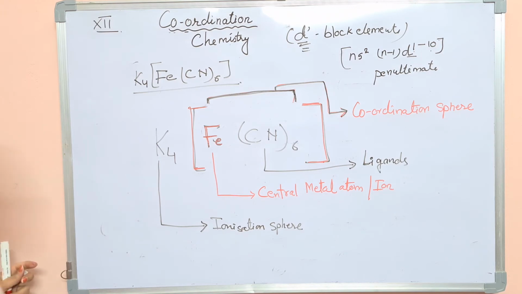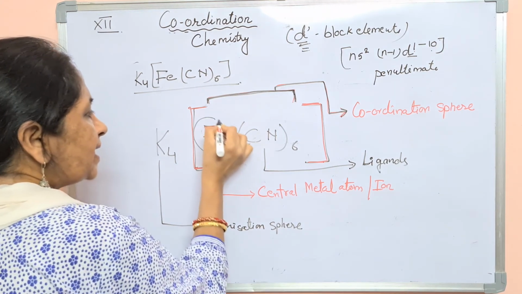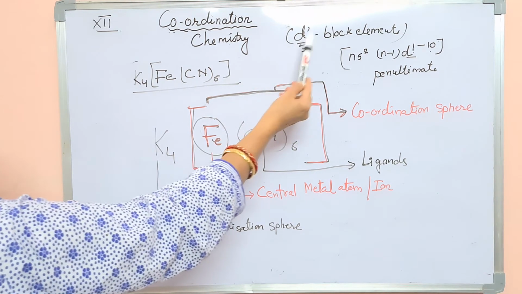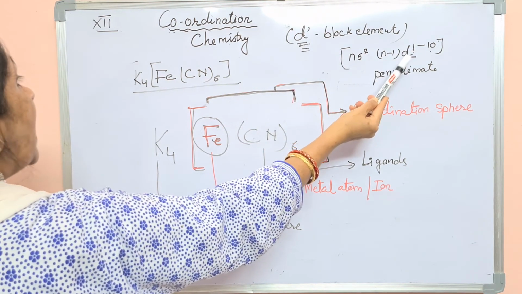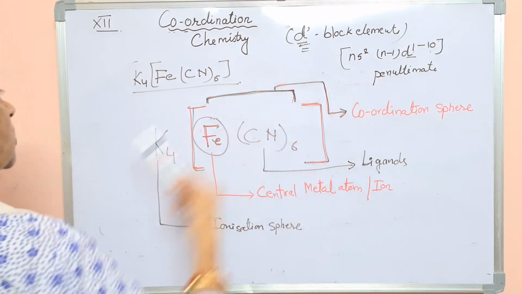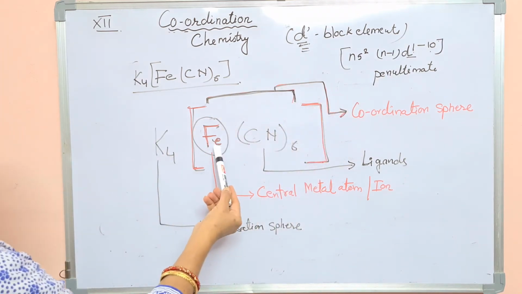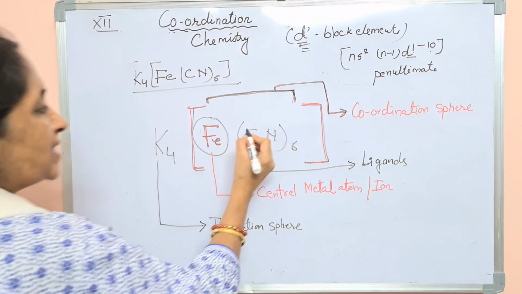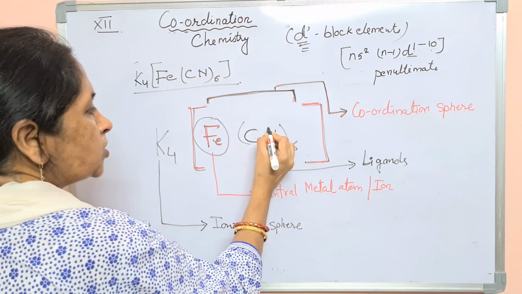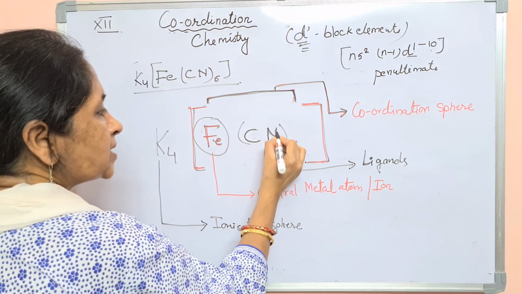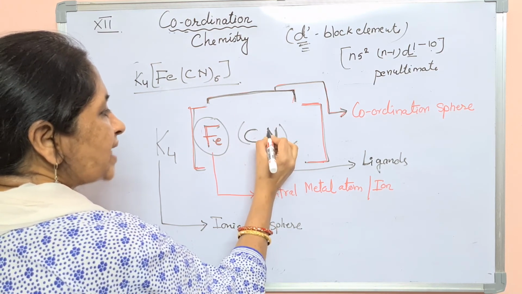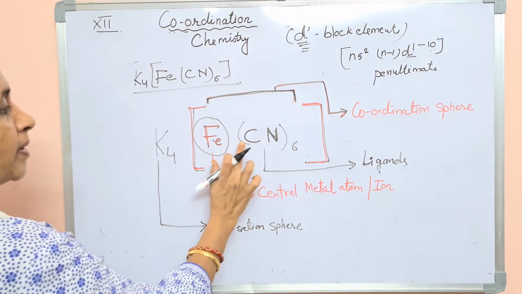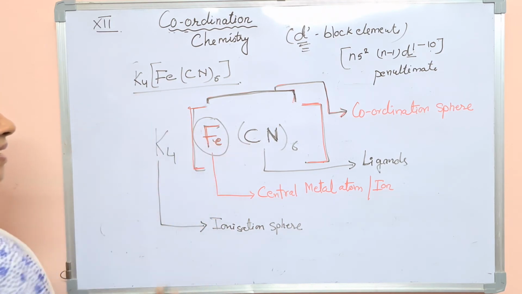So actually what happened is that this central metal atom belongs to D block and has unfilled, meaning vacant, D orbitals. So space is available with the central metal atom to accept electrons. ठीक है. In this compound, the metal has space to accept electrons and the cyanide is ready to donate electrons. So a coordinate bond is formed between the ligands and the central metal atom.